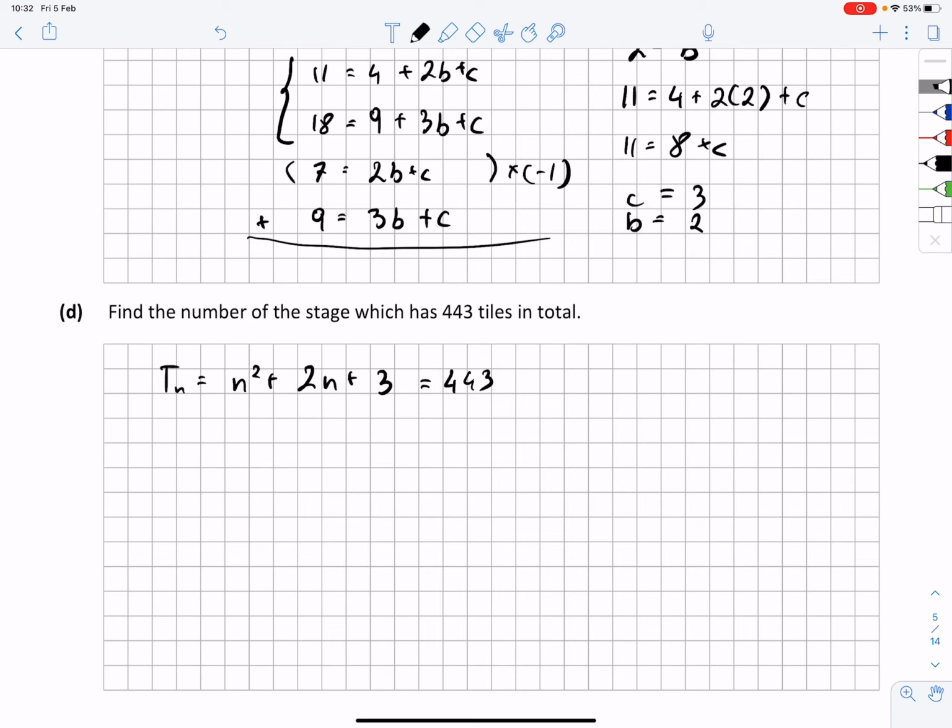So let's start simplifying. n squared plus 2n equals 440, because 3 is moved to the left-hand side.